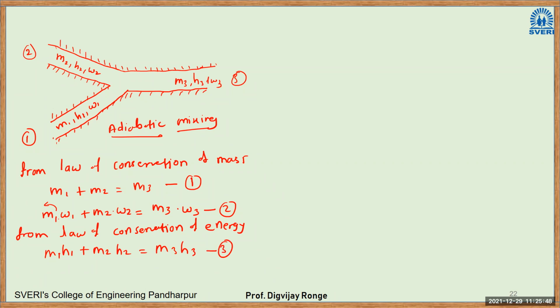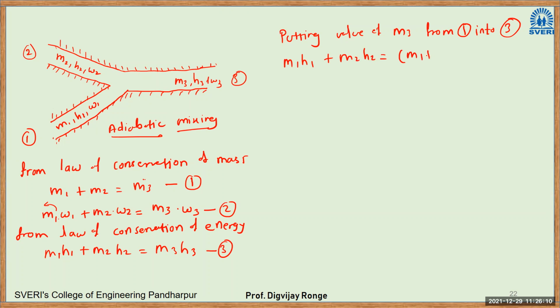Now what I will do, I will put this value of M3 from equation 1 into equation 3. It will look like M1 H1 plus M2 H2 will be equal to M1 plus M2 into H3.